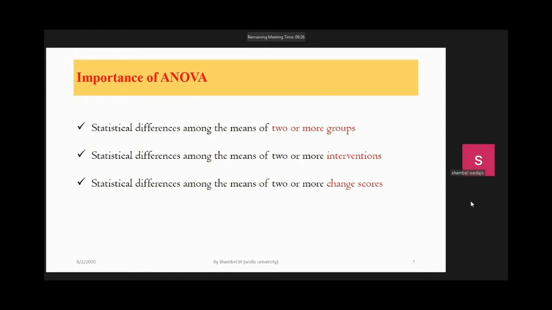Like the previous example, for one group you give a chemical fertilizer, the other group biological fertilizer, the other no intervention. That variation can be brought about because of those interventions you made. Another is a statistical difference among means of two or more changes. Change in score, you may apply the ANOVA test.